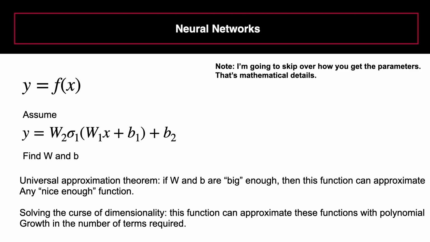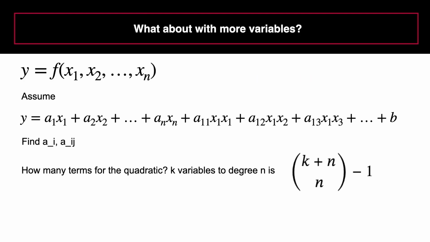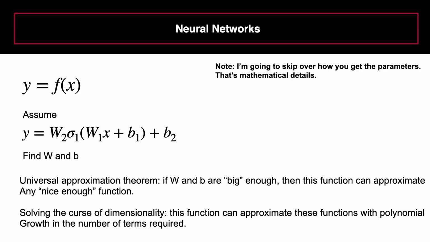Thinking just like the polynomial case, where you have a1, a2, all these different slopes, if you just make these big matrices of numbers have enough numbers in there, then any sufficiently nice function can be modeled by that function right there. So that's the core reason why people are interested in neural networks. Because if your neural network is big enough, it can find any mathematical relationship.